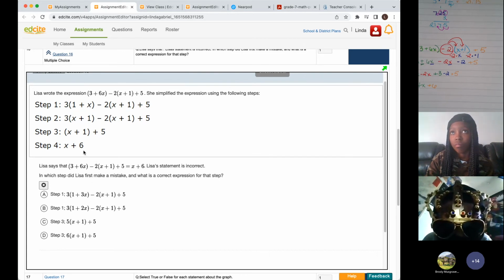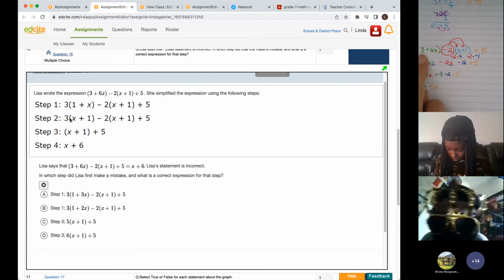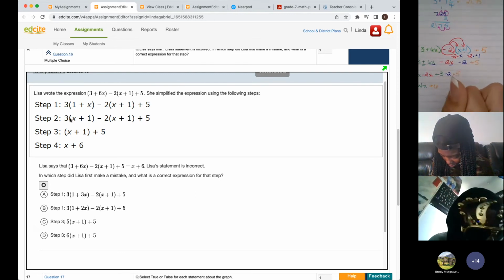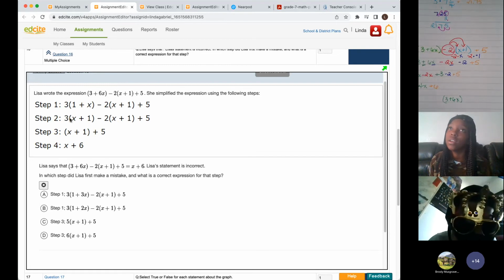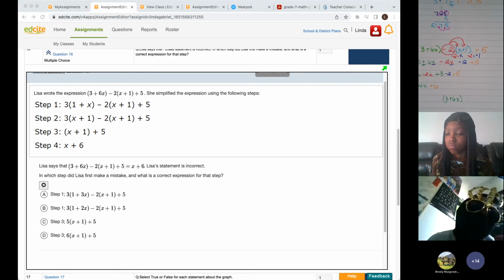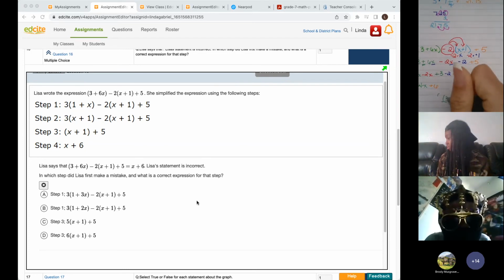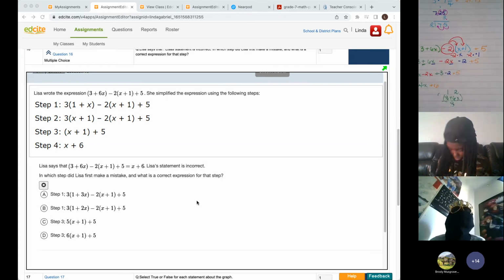Let's see. So step 1, we have 3. It looks like she pulled out a 3, right? So let's see. If I take my 3 plus 6x and I pull out a 3, right? That's what it says here in this first step. If I divide this by 3 to pull it out over here, 3 divided by 3 is going to give me 1. 6 divided by 3 will give me 2.